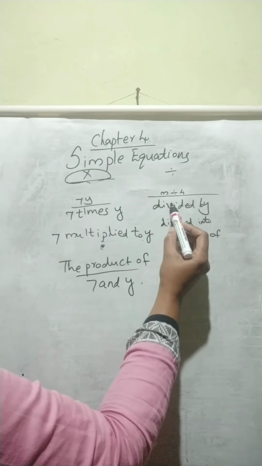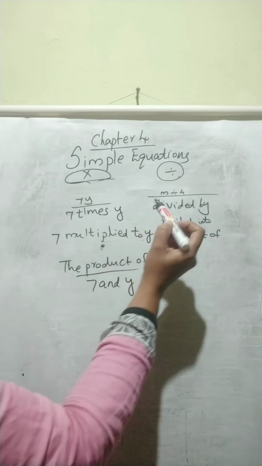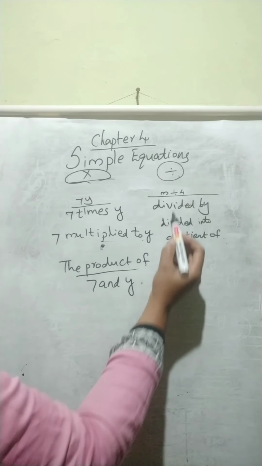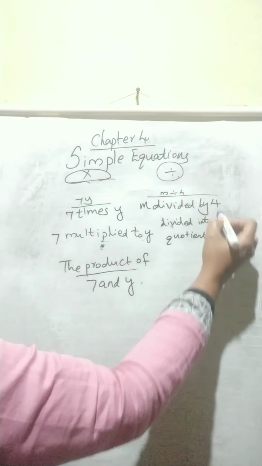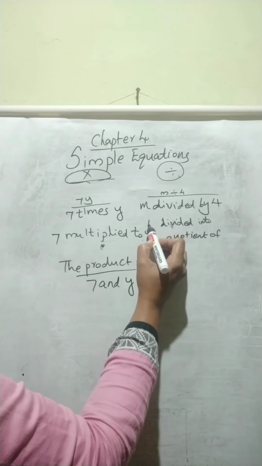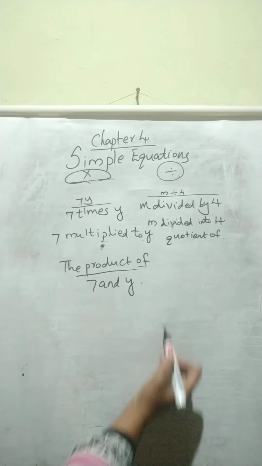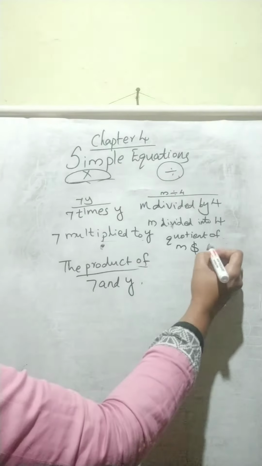Next one, division. Phrases: an example is m divided by 4. Another word, divided into, so we can say m divided into 4. Then quotient of m and 4.